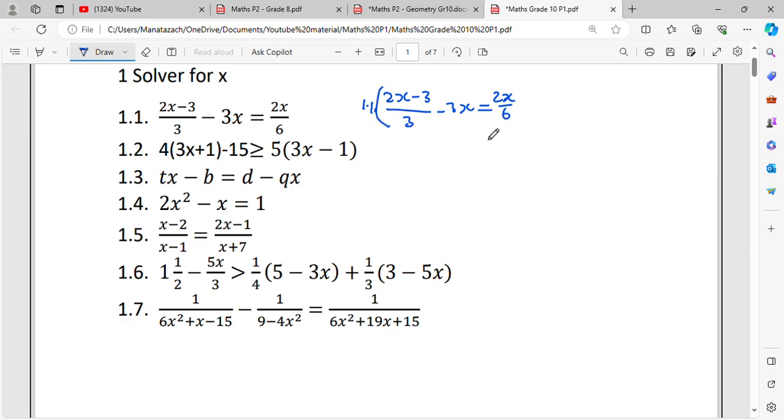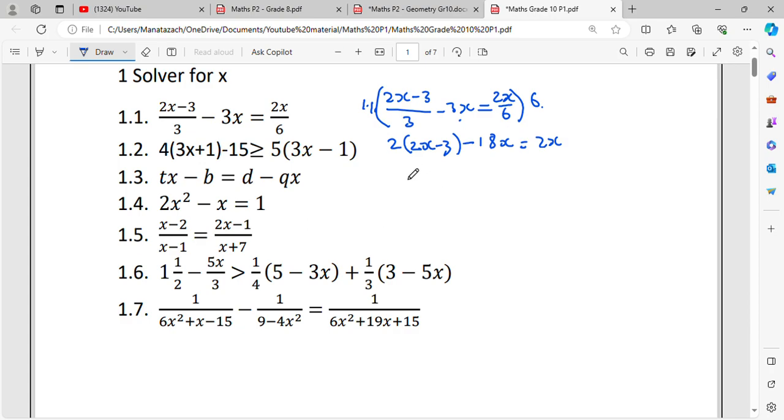So from here, let's multiply with the highest common factor, which is 6, and then 6 divided by 3 will give us a 2, which is going to multiply this term here. Then 6 times 3 is 18. 6 is going to be divided by 6, and then you'll be left with 2x.